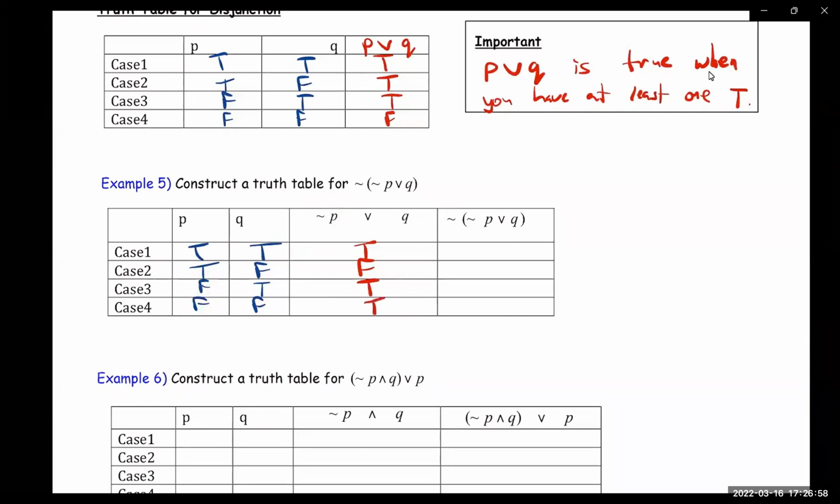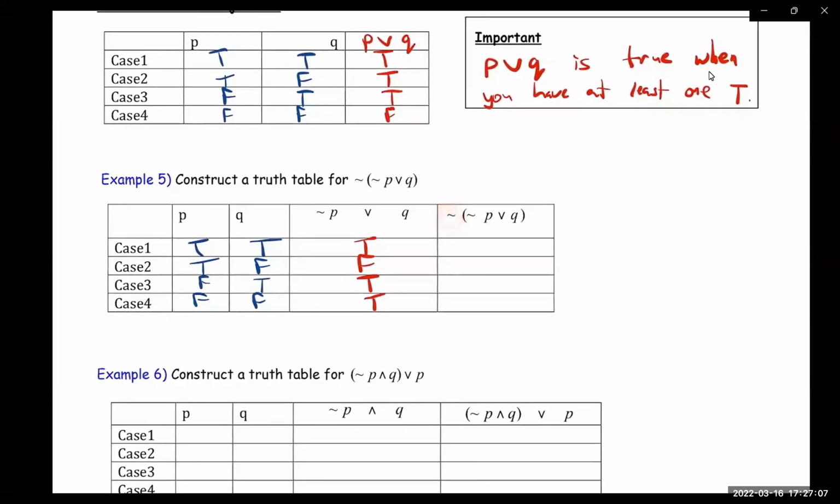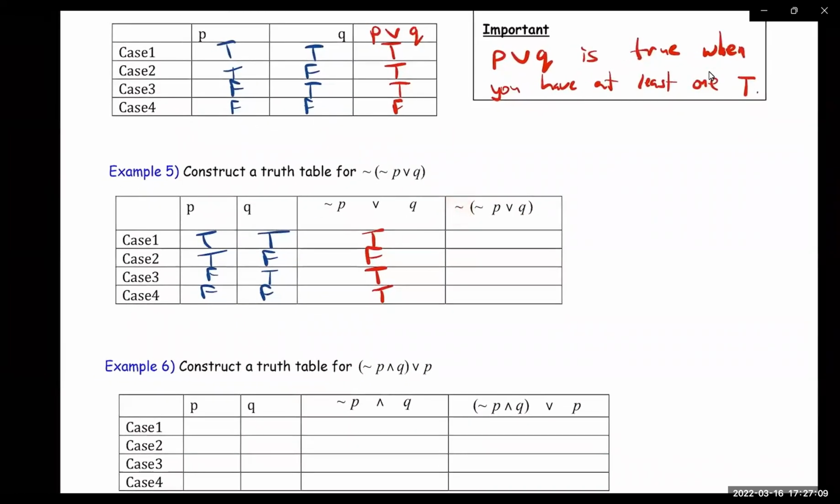All right, this part's kind of easy because it's the same thing. The only thing you're doing is negating it. See how this one is the same as that? The only difference is that they have the negation in the front. So basically you just change these to the opposites.